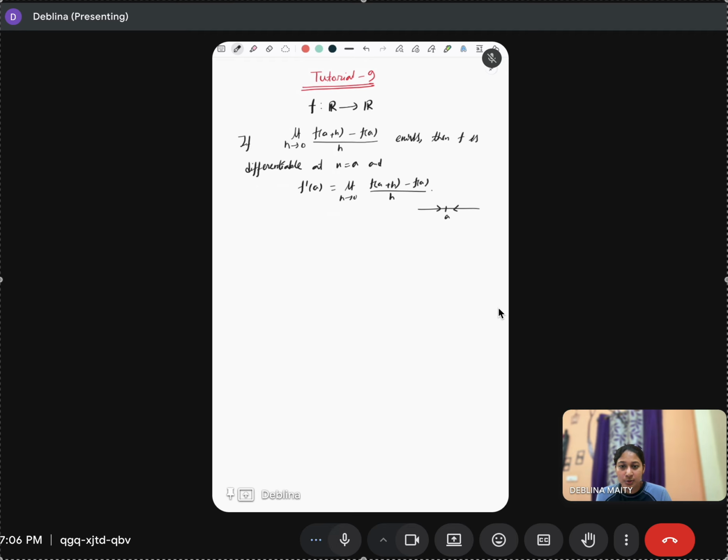If these two limits, h goes to 0 plus and h goes to 0 minus, exist and they are equal, then this limit exists. Both the limits must exist and they have to be equal, right?